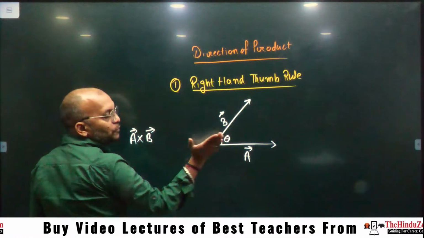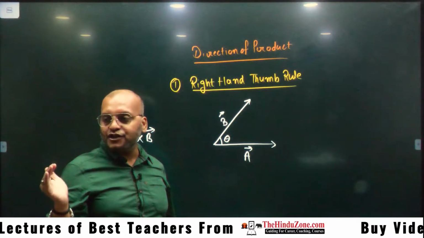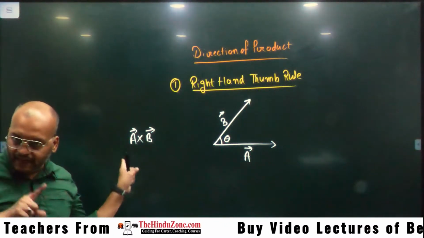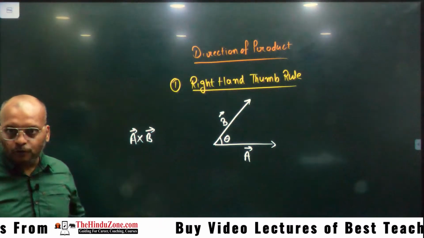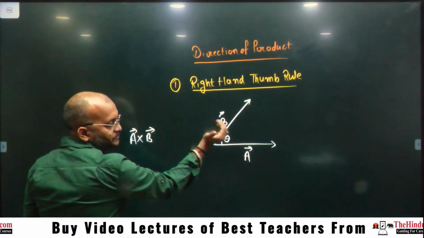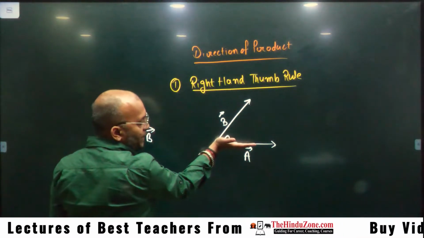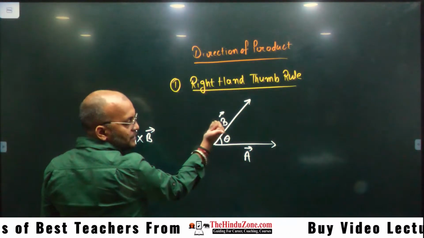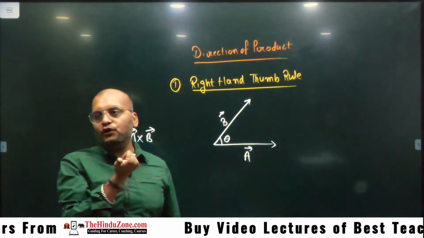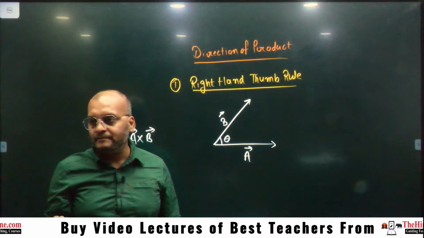And curl your fingers in the direction where you are going. So you are going from A to B. You are doing A cross B. Yes or no? So curl your fingers from A to B. Are you following, everyone? The direction of your thumb gives the direction of the resultant.